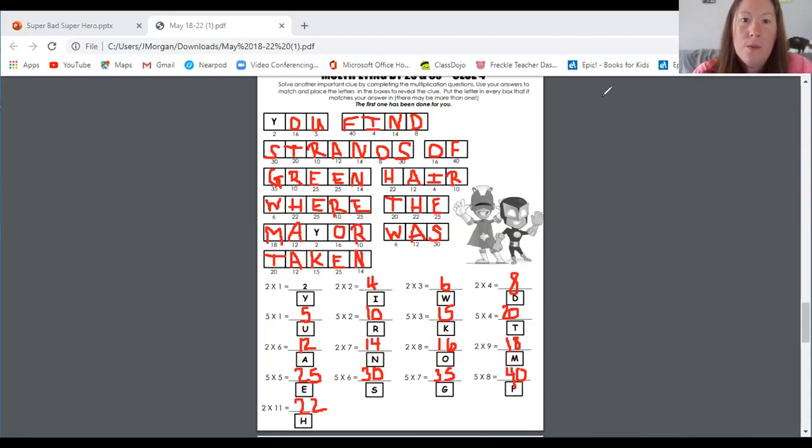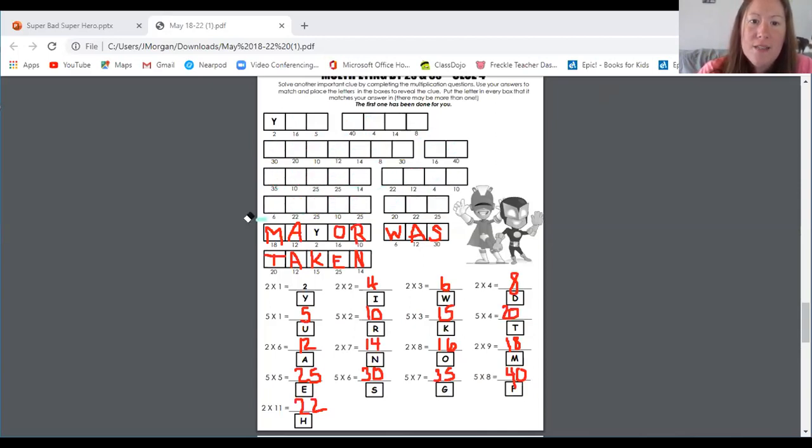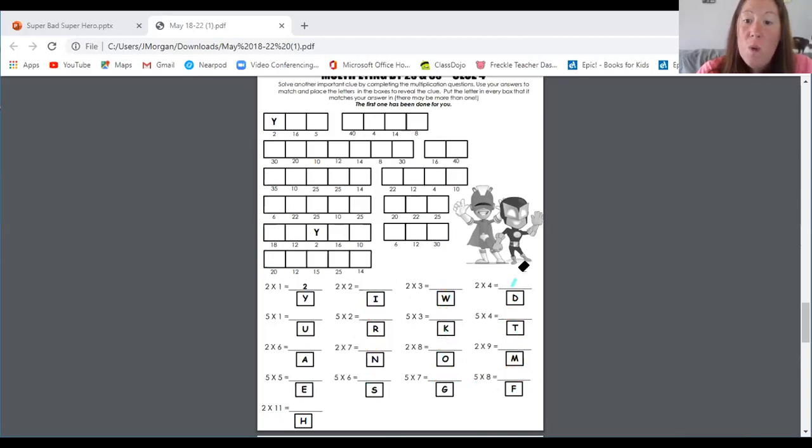All right, let me erase mine real quick so we can slide up. Remember, we found strands of green hair where the mayor was taken. So any suspect that does not have green hair, we can cross off today.